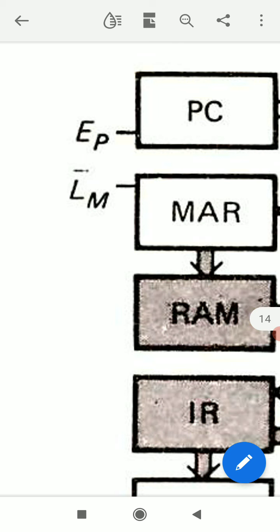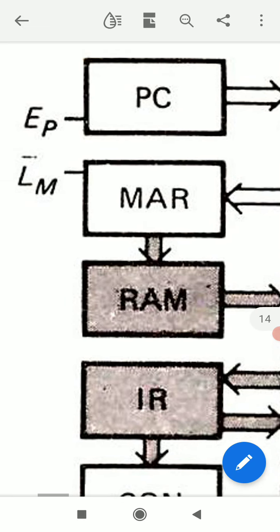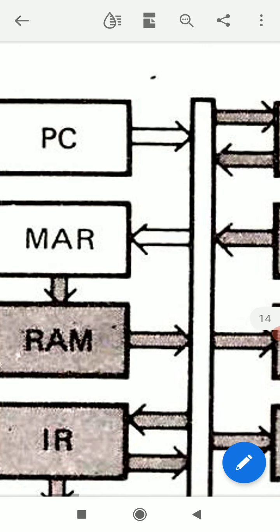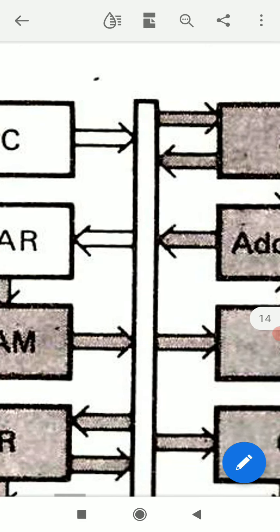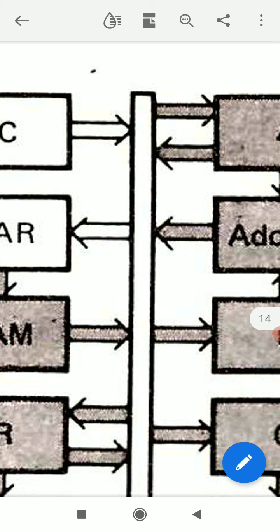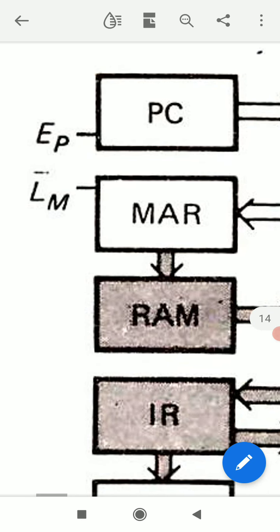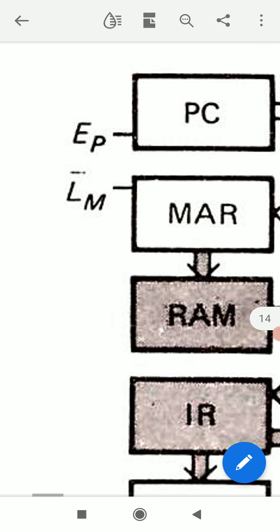When EP is 1, the address from the program counter will reach the W bus, and from the W bus this address will come to MAR, memory address register, only when LM bar is active.